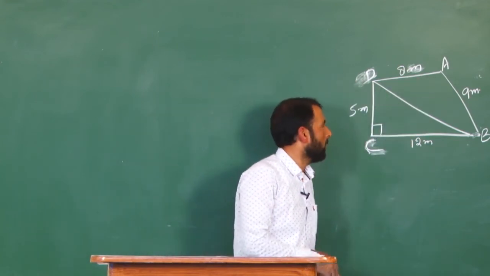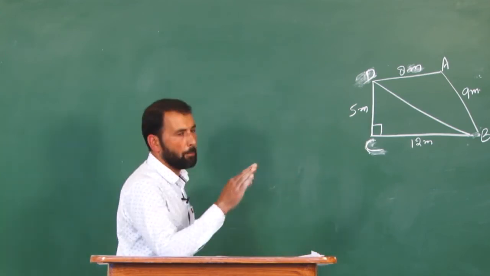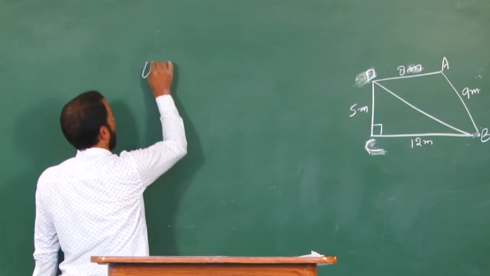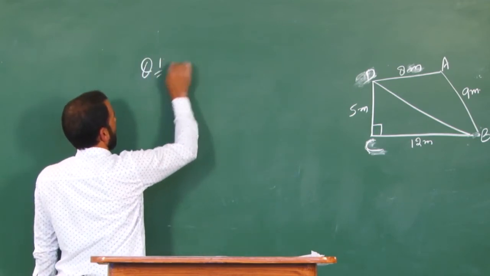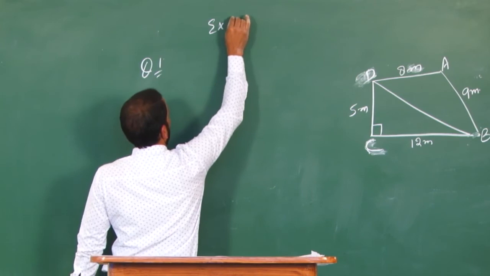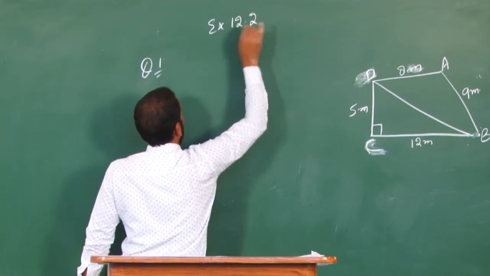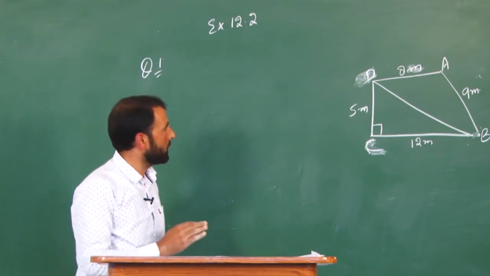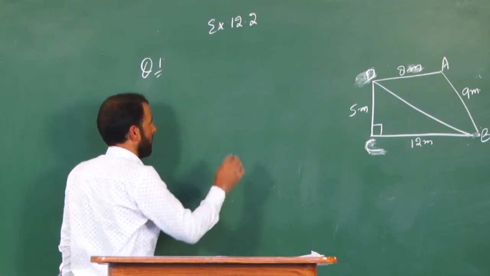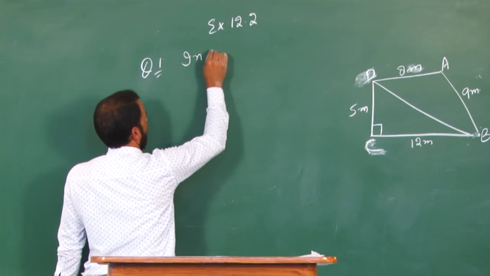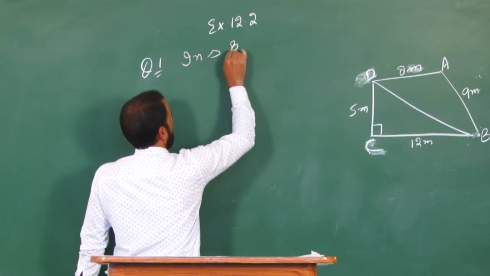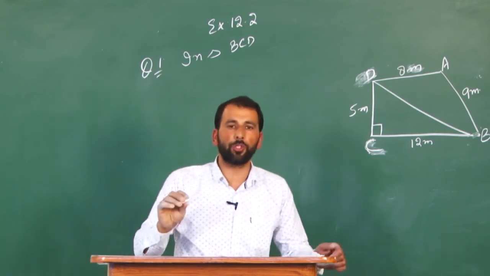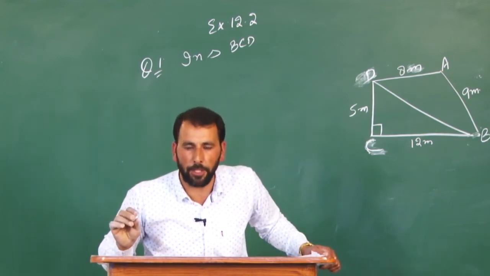So first of all, we have to find the area of this quadrilateral ABCD. This is question number 1, exercise 12.2. In triangle BCD, clearly this is a right angle triangle. We can use the formula 1/2 of base into altitude.